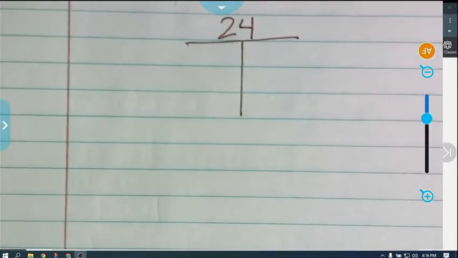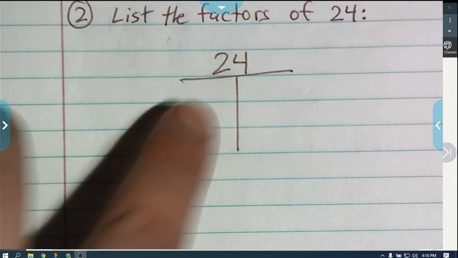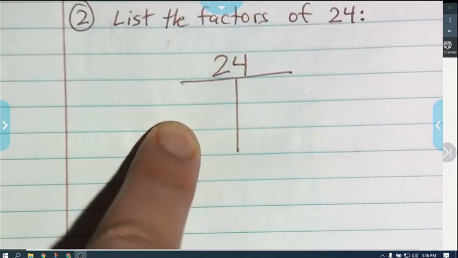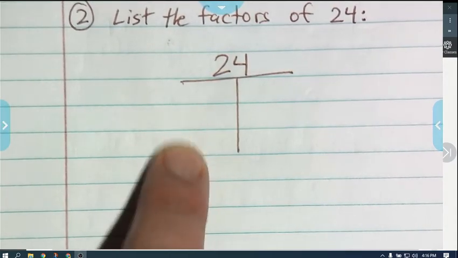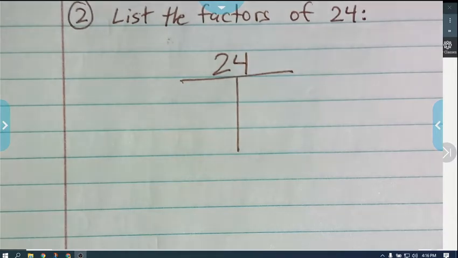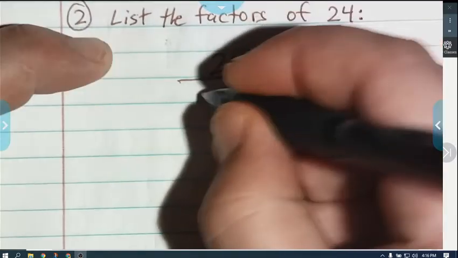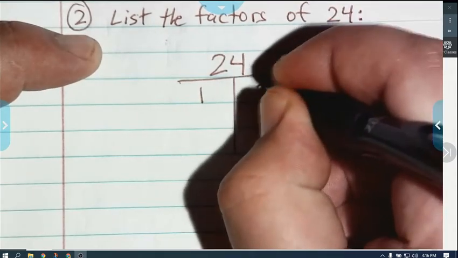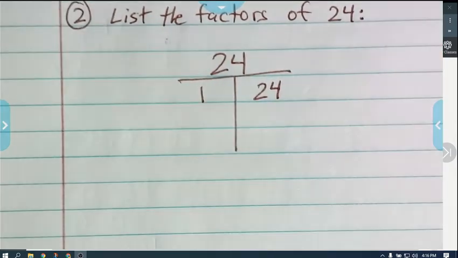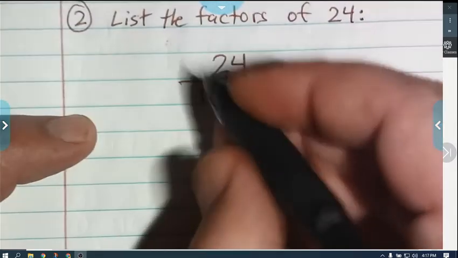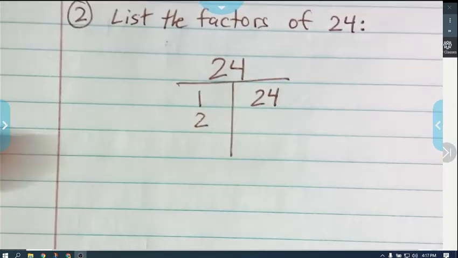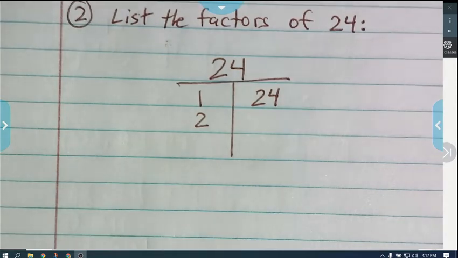Okay, so I'm going to start at 1. It's a systematic approach. I'm always going to start at 1 and then go up from here. So 1 times what is 24? That's right, it's 24. All right, now my next one, I'm going to try 2. Let's see, 2 times 12 is 24.